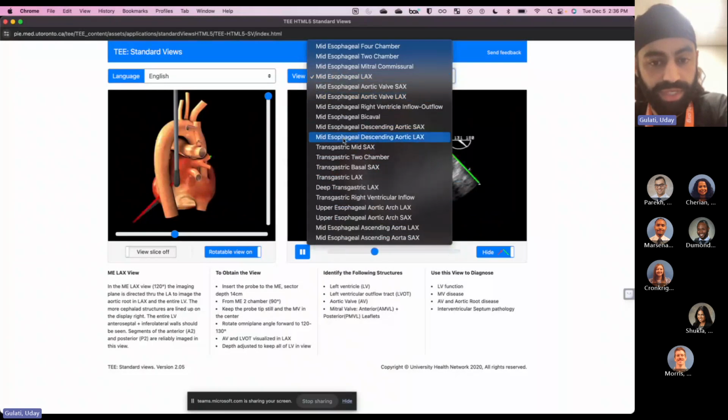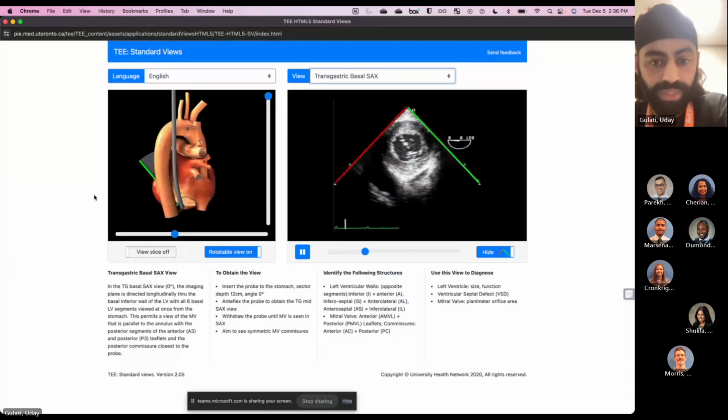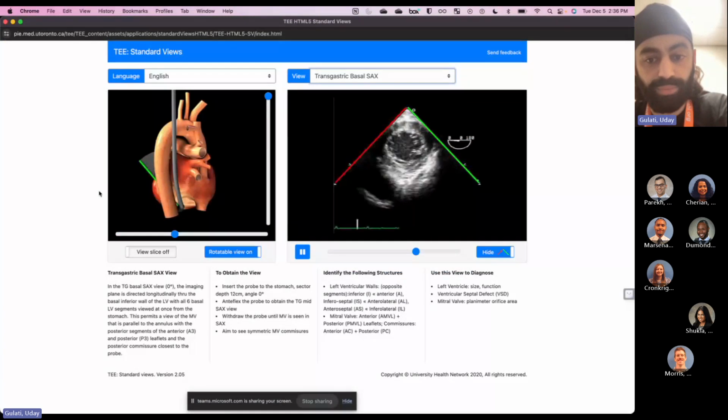The next big one to use is your gastric short axis view. Where is that? This is equivalent to your parasternal short view, right? You can see your right ventricle and your overall left ventricular contractility, really helpful for looking at overall left ventricular function.